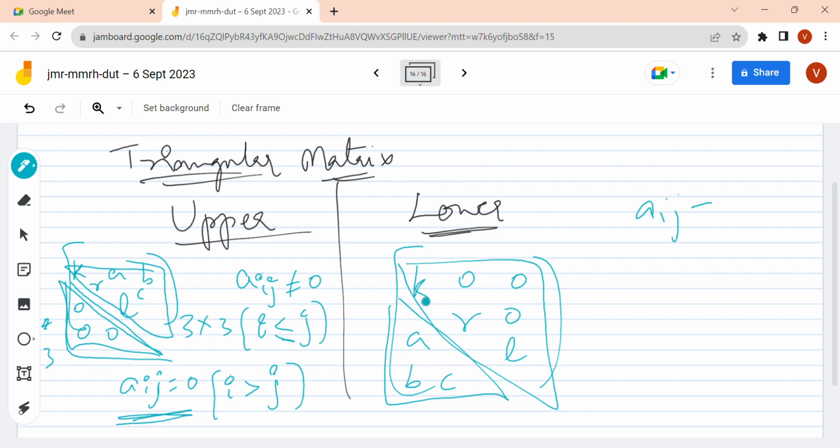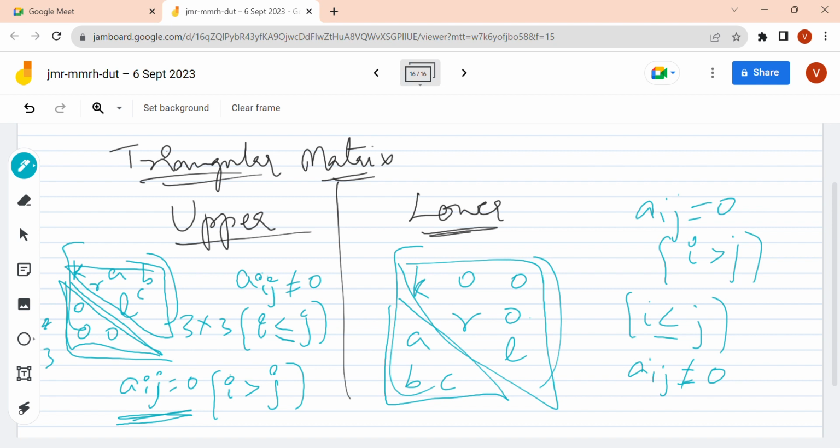So the same thing I can write: Aij is equal to 0 for i greater than j, and for i less than j, Aij is not equal to 0. I less than j, that is, i value is 1, 1, 1. See, 1 is less than 2 and 3.